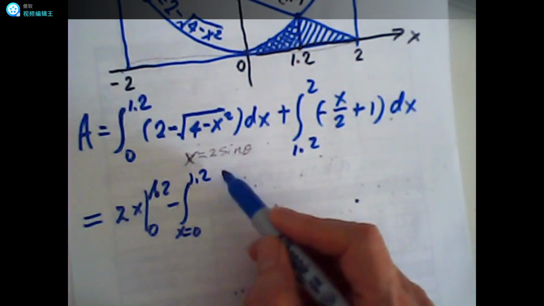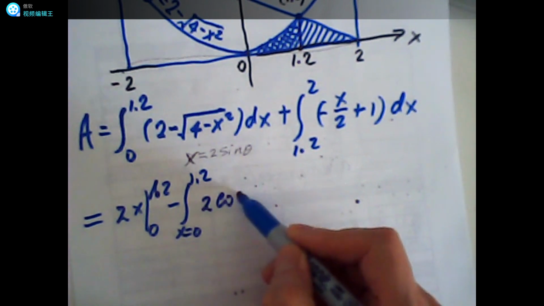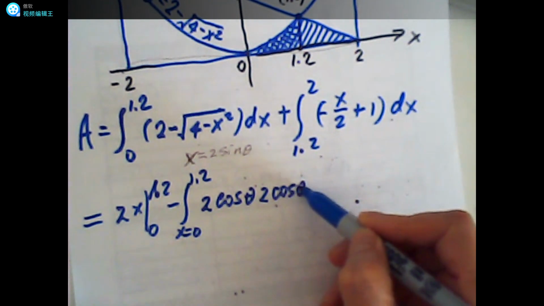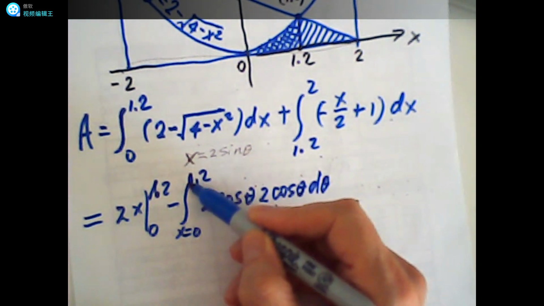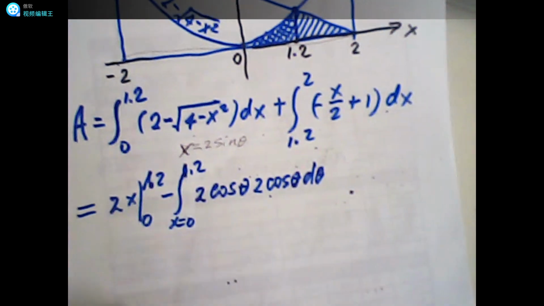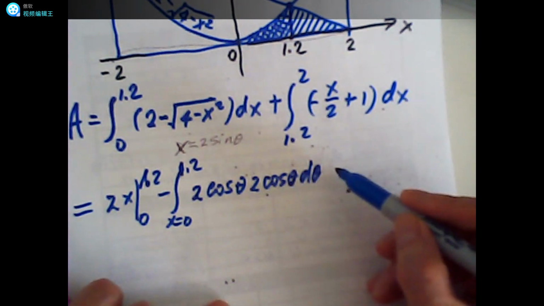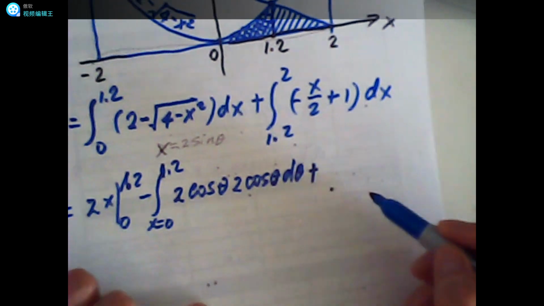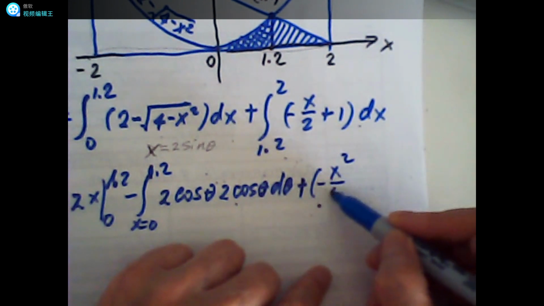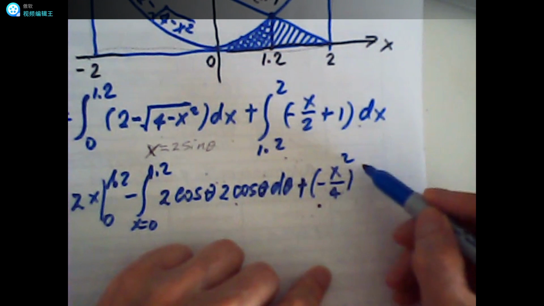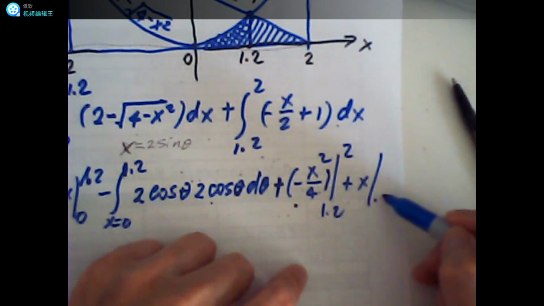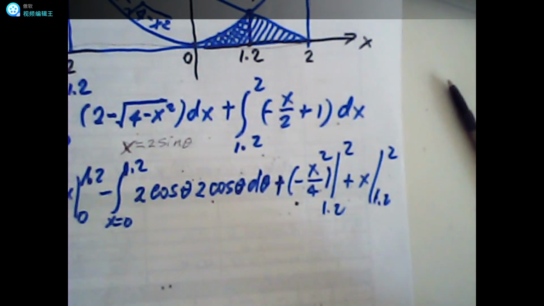This will be equal to 2 cosine theta, and dx is 2 cosine theta d theta. Theta goes from x equal to 0 to x equal to 1.2, plus negative x squared over 4, from 1.2 to 2.